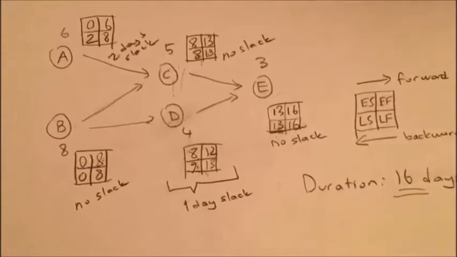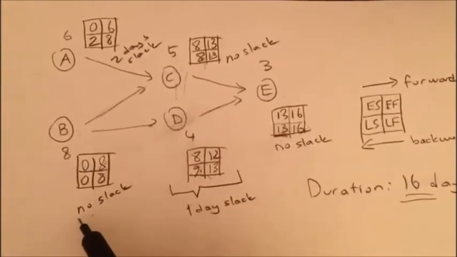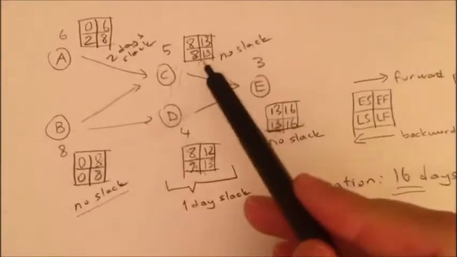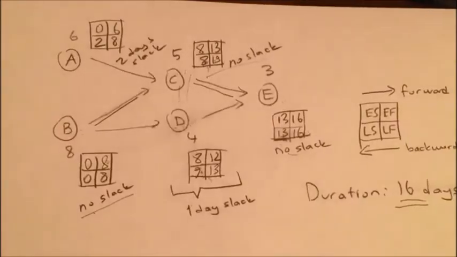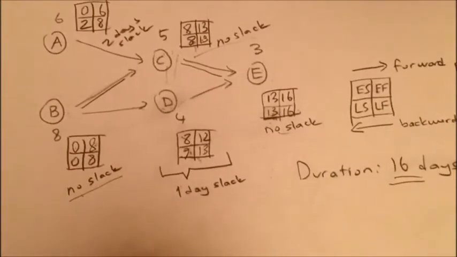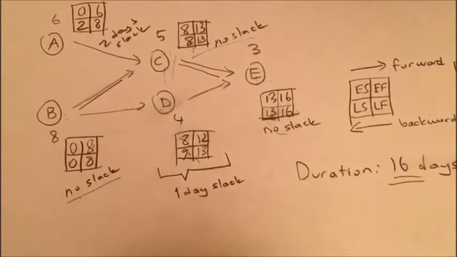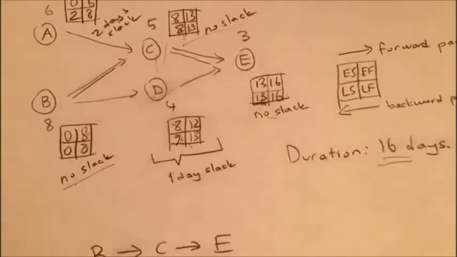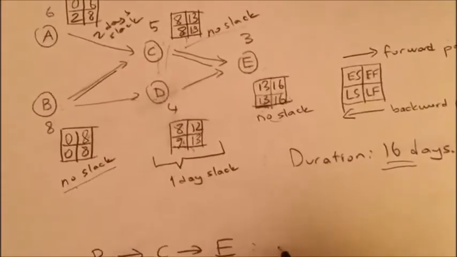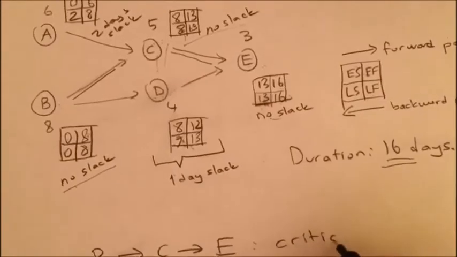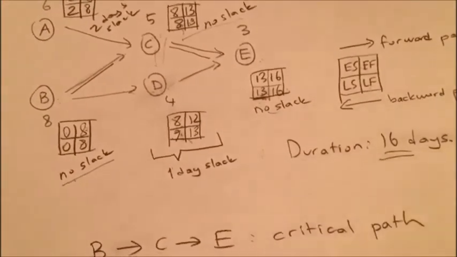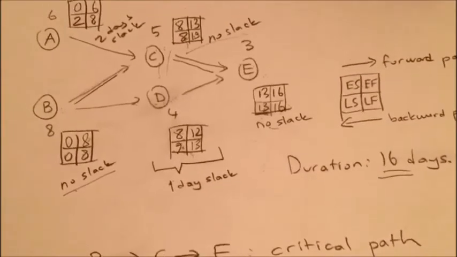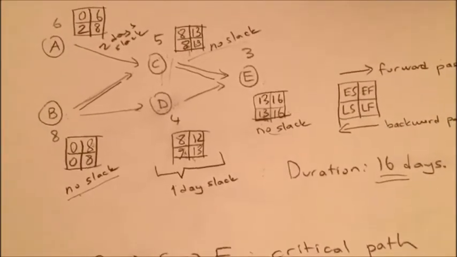In that case, look at the ones that have no slack: B, C, and E. These are the activities that are on my critical path. So my critical path is B, C, and E, and I cannot delay those activities. But I can delay A for 2 days, and I can delay D for 1 day.